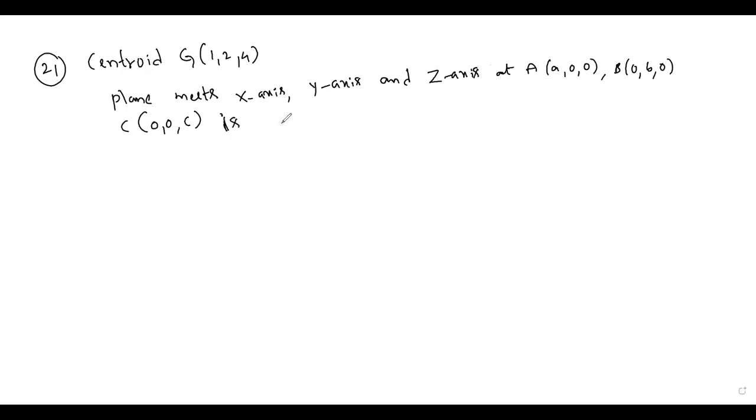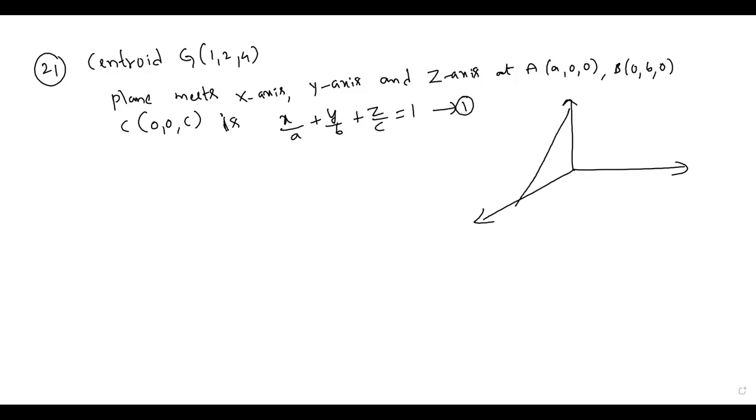The equation is given in intercept form: x by a plus y by b plus z by c equal to 1. Take it as equation number 1. But we don't know the a, b, c values. These 3 points form a triangle: A point, B point, and C point.